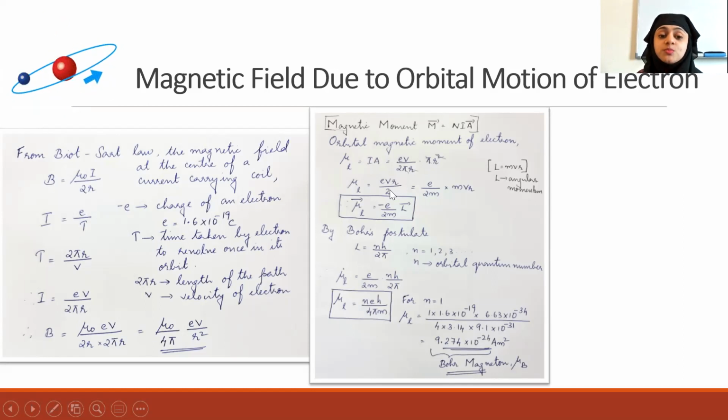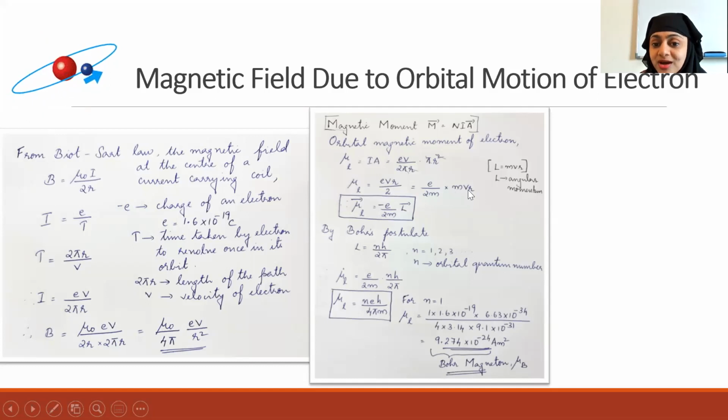Now, in order to bring in the angular momentum, I want mass m here. So I will be multiplying and dividing this expression with m, the mass of an electron. So there comes one mass in the denominator and one mass in the numerator. This expression will become e by 2m times mvr.